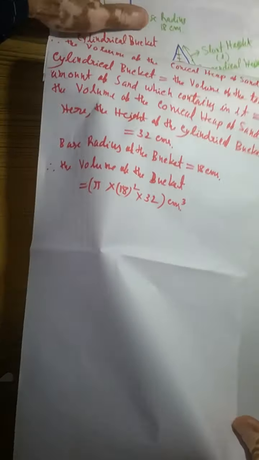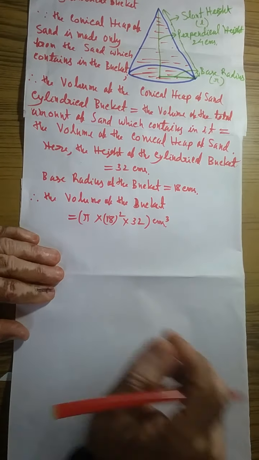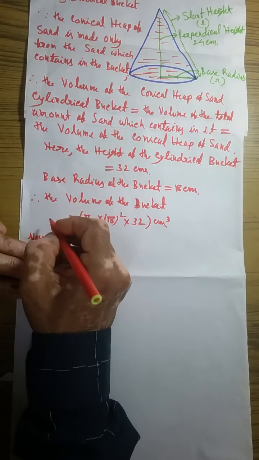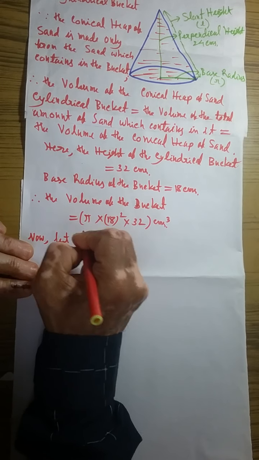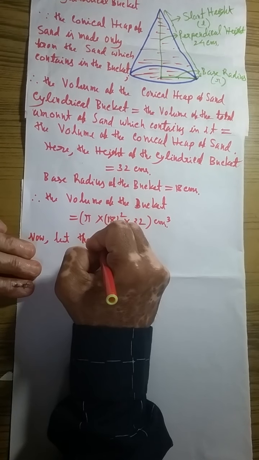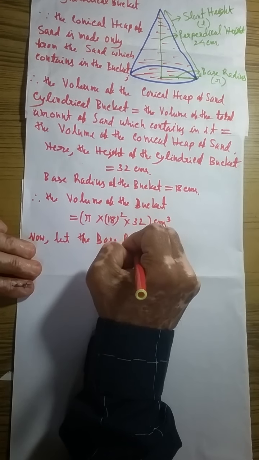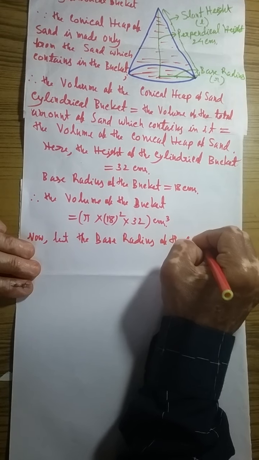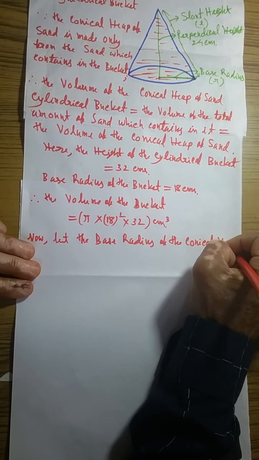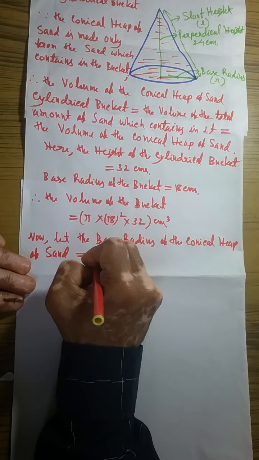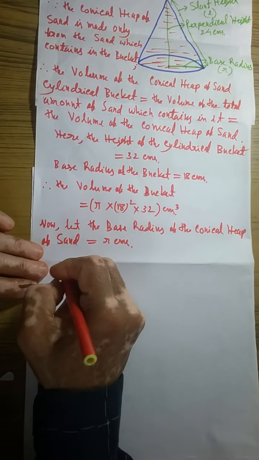After this, let us proceed in this way. Right now, let the base radius of the conical heap of sand be equal to r centimeters.